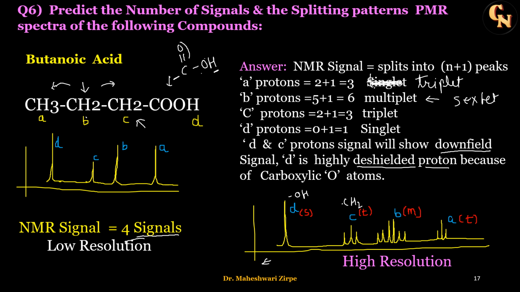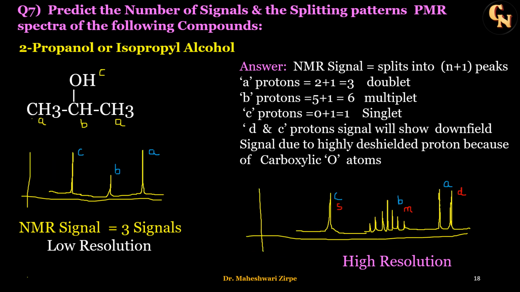Then B, these are your CH2 group, which is showing a multiplet, and this is the CH3 group, which is the shielded one, because the more the CH2 groups, the more shielded the protons will be. Okay, so A protons are highly shielded. That's the reason they are more towards delta equal to 0. So this way you will find the splitting in NMR spectroscopy for organic molecules.